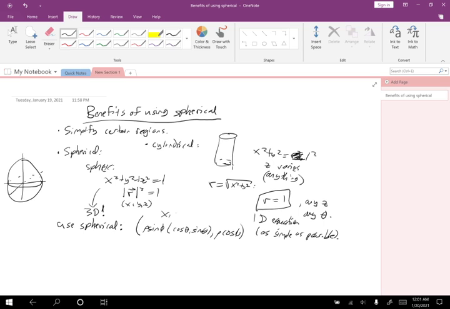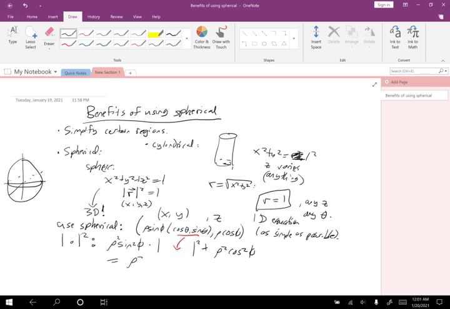This is x, y, z. If you take the length of this, you get rho squared sine squared phi times the length of this unit vector, which is 1, plus rho squared cosine squared phi.